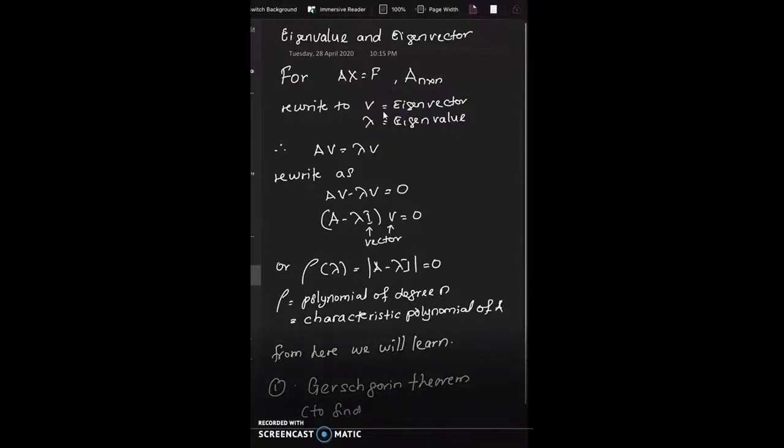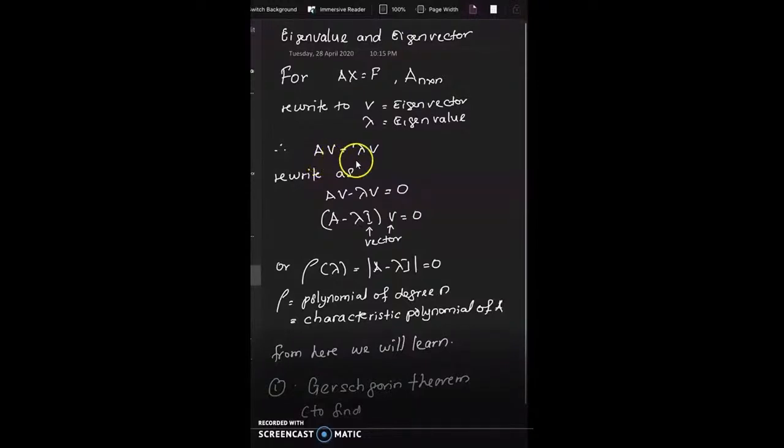We call lambda the eigenvalue and V the eigenvectors. To solve Ax equal to F, that can also be represented as AV equal to lambda V. V is a vector, lambda is the eigenvalue, and we can rewrite it as AV minus lambda V equal to 0.